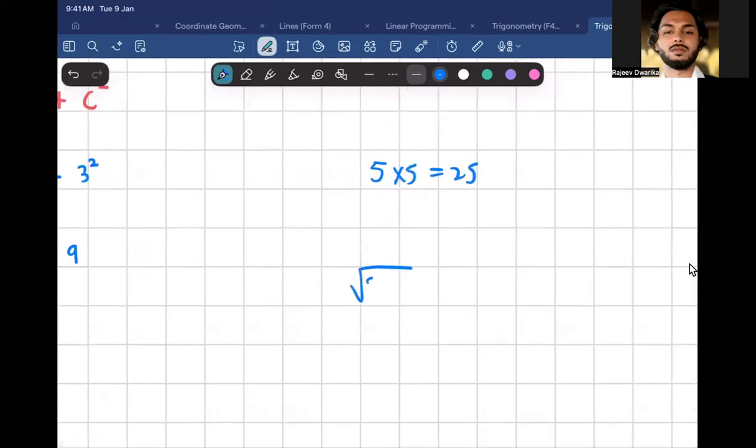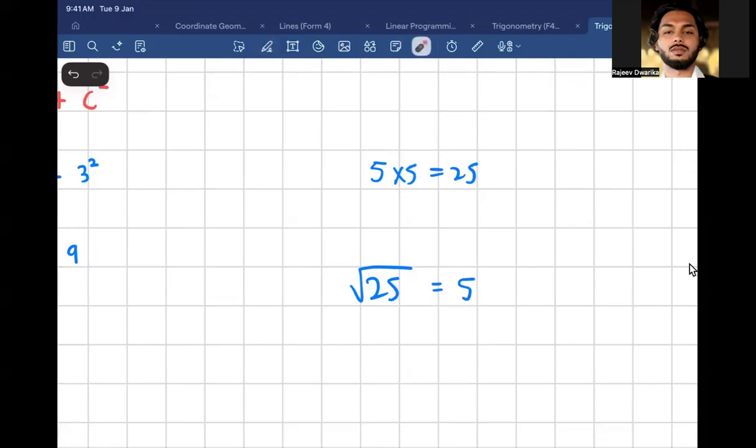When I find the square root of 25, I'm asking myself, what two same numbers multiplied would give me 25? 5. So can you see how they are the opposite functions of each other?